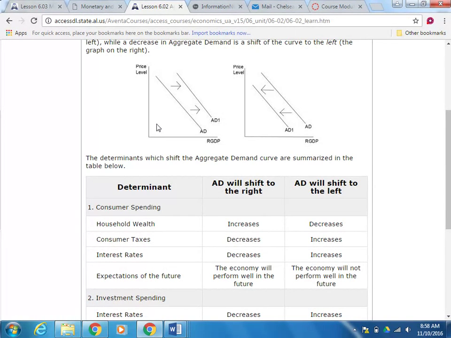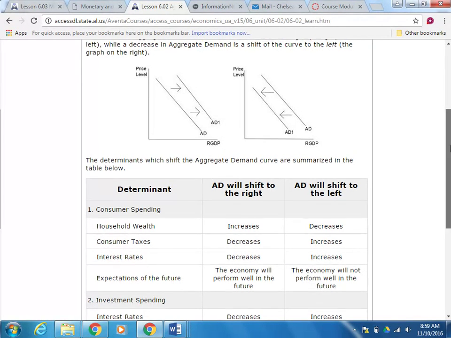If aggregate demand decreases, your price level and your output are both going to decrease. Okay, let's say you have price level right here, and here's your output. If you go over here, now your new price level is going to be up here somewhere. Okay? So increase in demand, price level and output increase; decrease in demand, price level and output decrease.